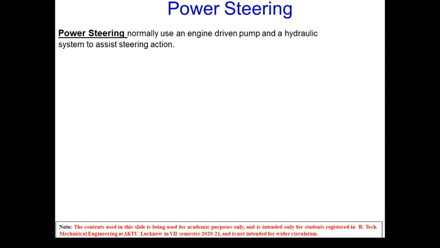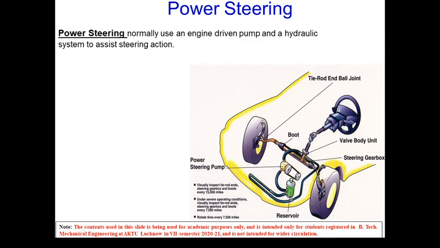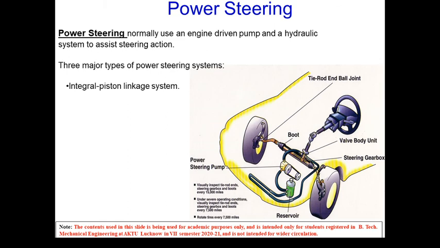So this power steering normally uses an engine driven pump and a hydraulic system to assist the steering action, as we have discussed. Three major types of power steering systems are used: integral piston linkage system, external power steering system, and rack and pinion system. This is the most common and simple in construction.